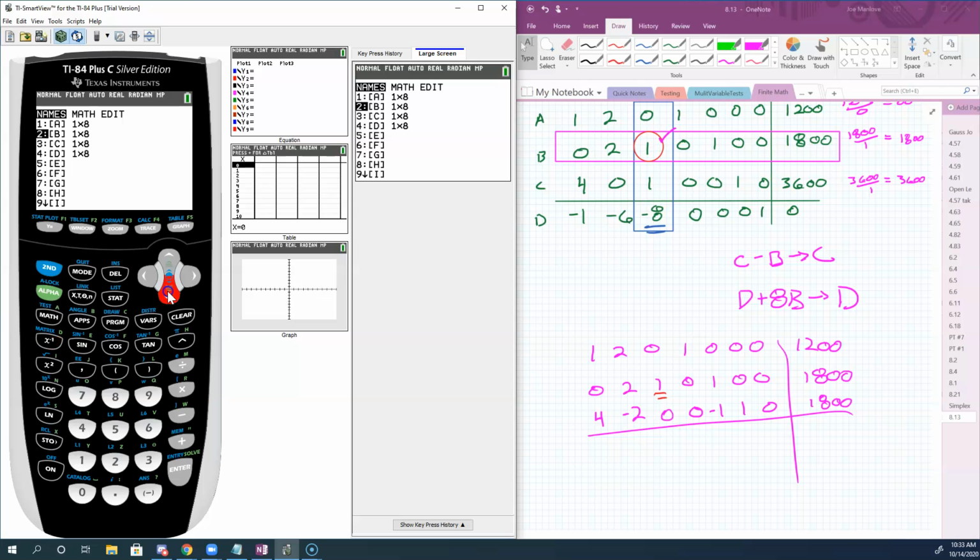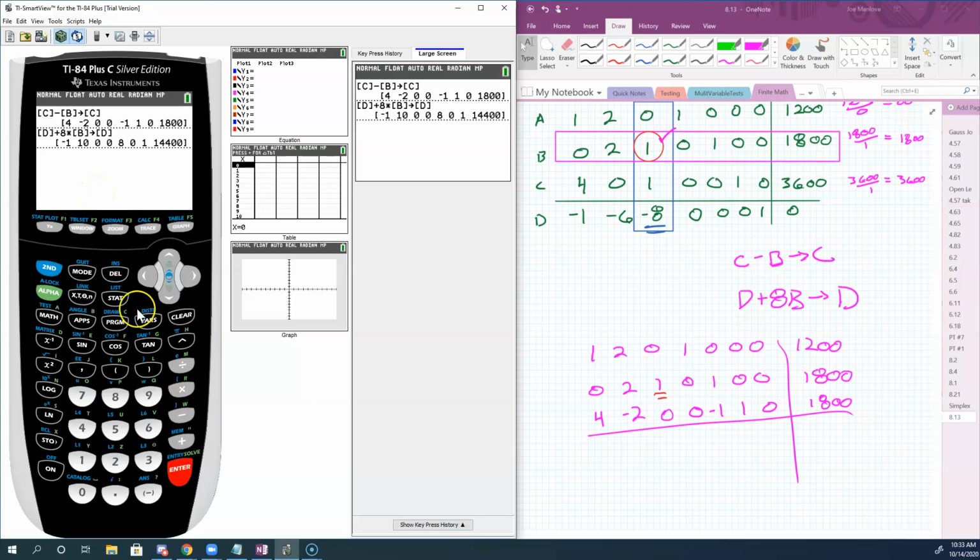Into D. Yeah, you want to use the pivot row to change D. Okay, so our new row here is going to be -1, 10, 0, 0, 8, 0, 1, 14,400. And then what's my next step going to be?